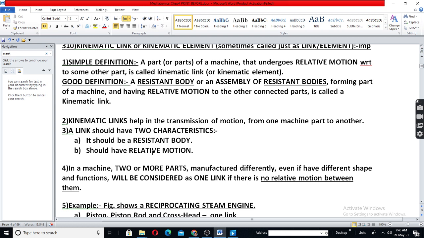Even though the bearing and end cap are separate parts, they are considered as one link. Sometimes two parts may be two links if there is relative motion. If there is no relative motion, then even though there are two parts, they are considered as one link. So it depends upon the structure of the machine part.